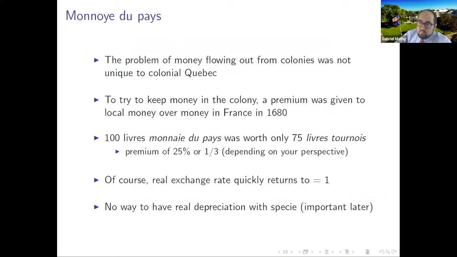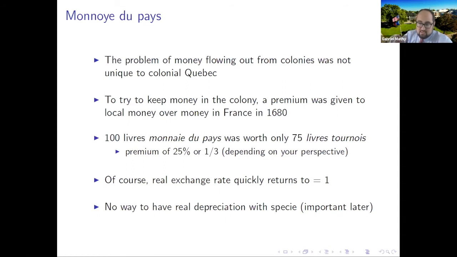They're going to give a premium to local money over money in France. So in theory you've got one country or one empire, but they're going to try to make money worth more in Canada versus in France. Depending on how you look at it, it's a premium of a quarter or a third, depending on which side of the ratio you do.